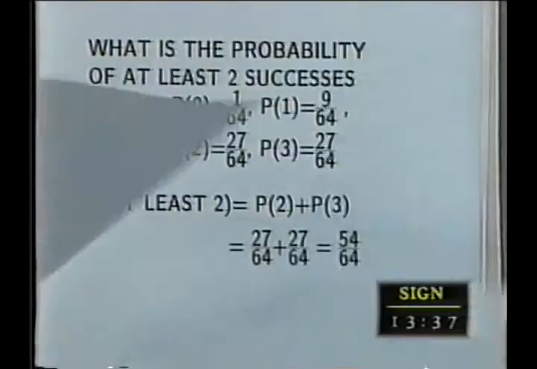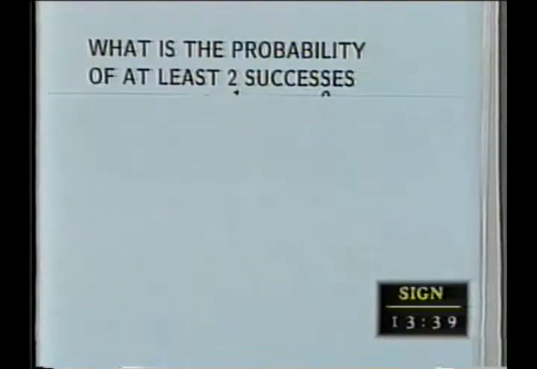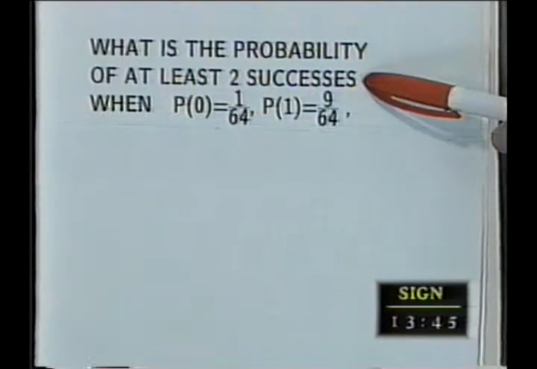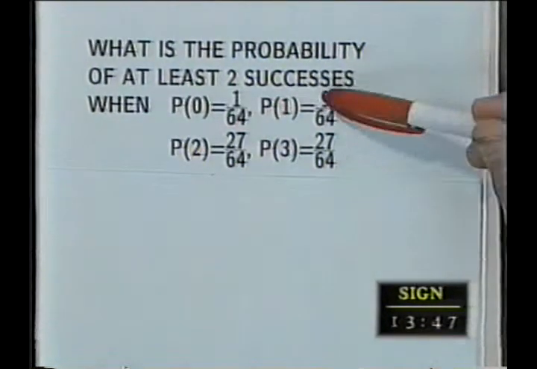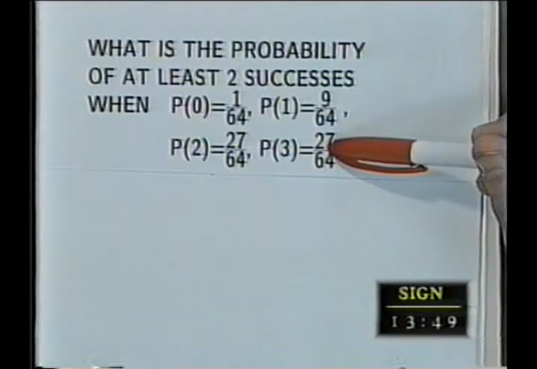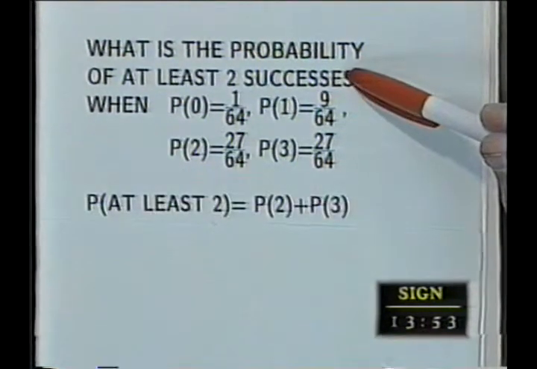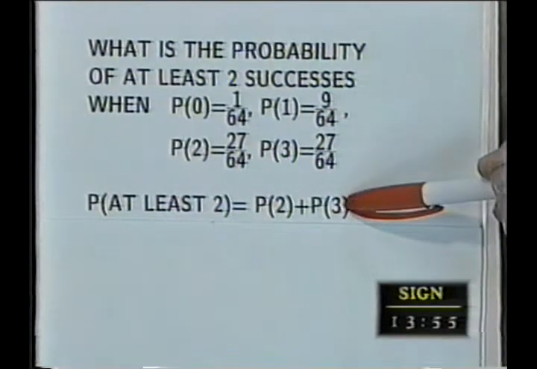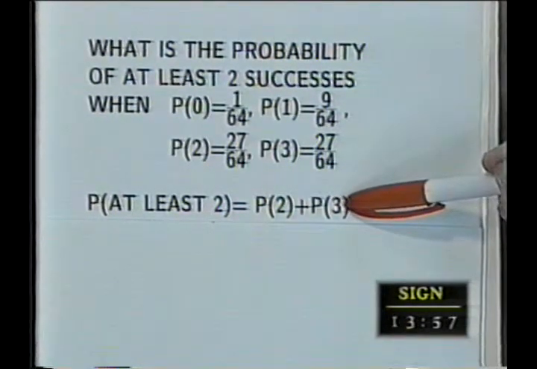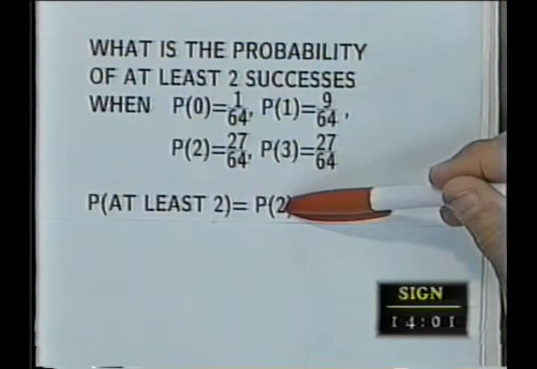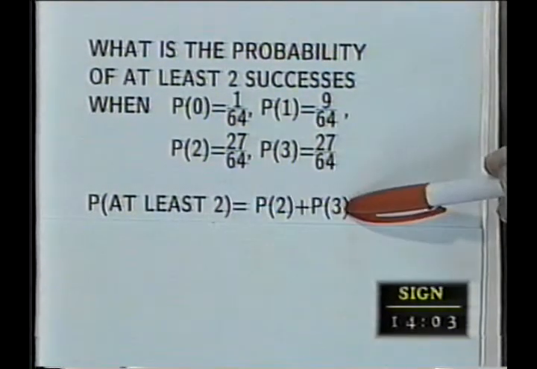Let's try another one. For the same situation, what is the probability of at least 2 successes? And here is the original probability structure for n of 2 and p of 3/4. At least 2 is the same as 2 or 3. If I get at least 2, and I get 2, I'm going to win. If I get at least 2, and I get 3, I'm going to win again.